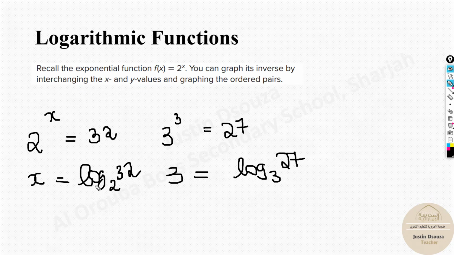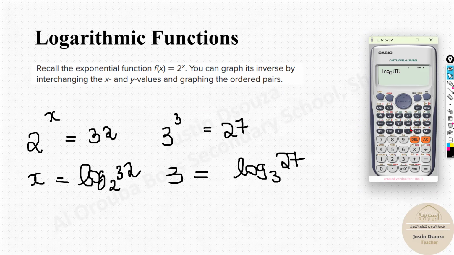This means you need to raise the base, that is 2, to a certain number to get 32. That is the x value. So let's put in log base 2 of 32. You will get the answer 5. You might know 2 to the power 5 is 32 as well.